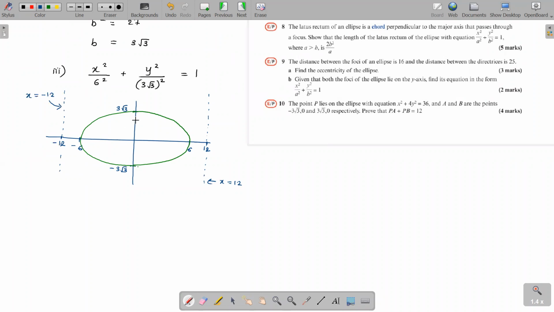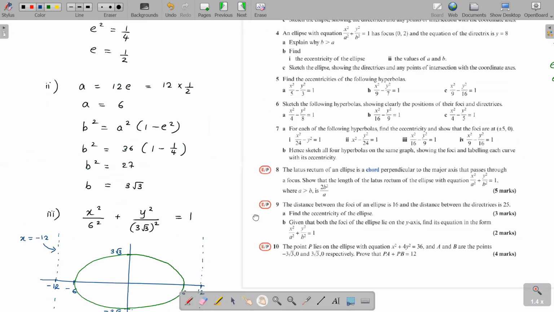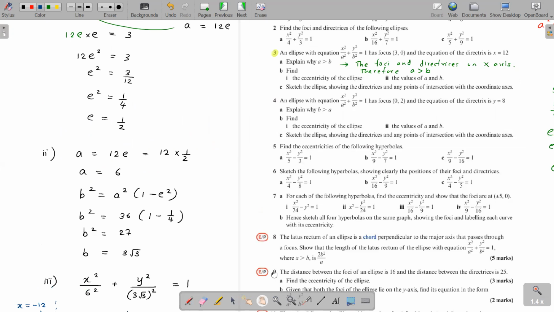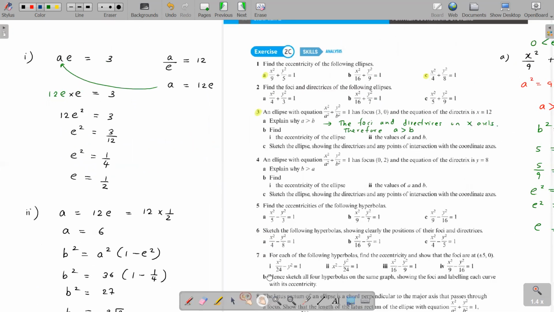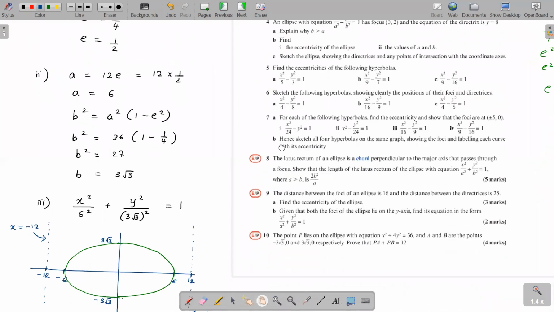And then your focus was at, what was the focus? S and S dash, (3, 0) and (minus 3, 0).